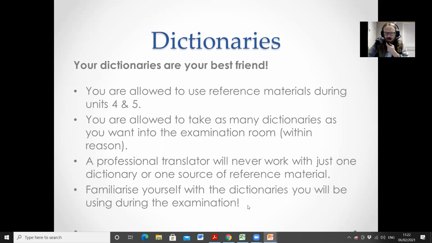So, I quite often say to students, one of the things you can do for the exam, if you don't own any dictionaries or any recent dictionaries, is to get some, because dictionaries are updated very irregularly, and obviously languages evolve very quickly. A dictionary from 2019, for example, will not have the word shielding in it.